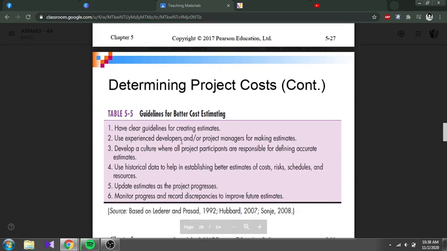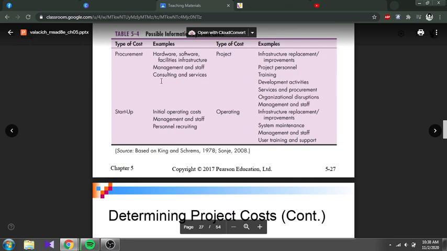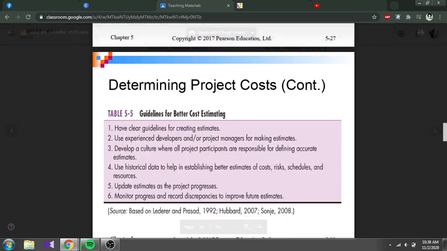Okay, determining the project cost, guidelines for better estimation. All of this you more or less have to memorize. Have a clear guideline for creating estimates. Use experienced developers and or project managers for making estimates, meaning experienced workers who have gone through this kind of project, so they know better how the cost will occur from time to time.